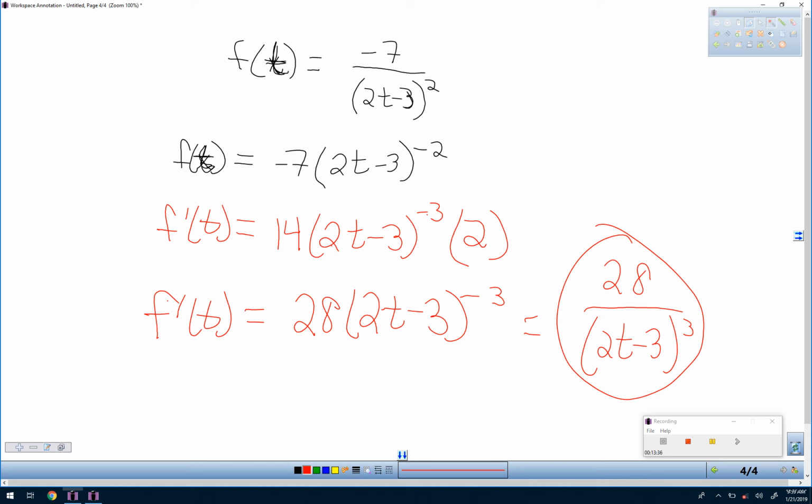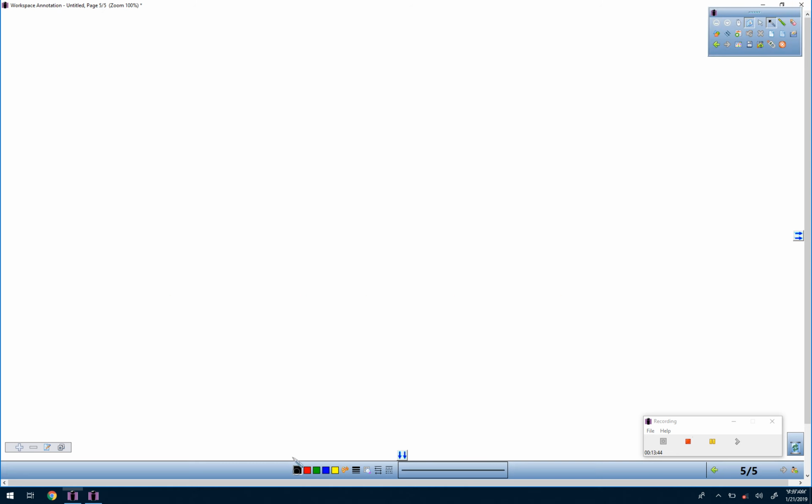Obviously, guys, these problems can get a little bit more complex. So if you wanted to look at another one, let's say that I had f of x is equal to x squared times the square root of 1 minus x squared. I'm going to ask you to take the derivative of this.